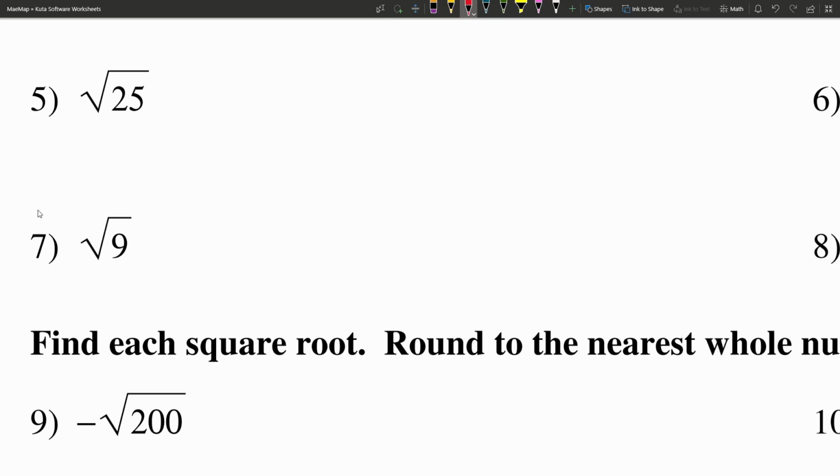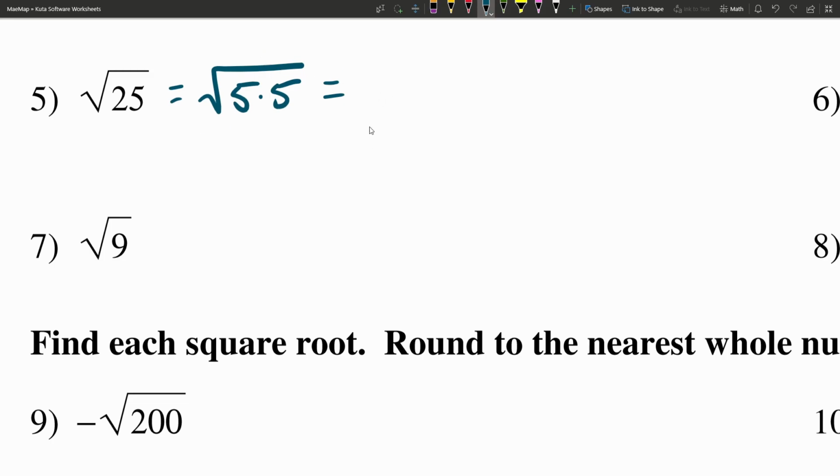Moving right along to number 5, what number times itself equals 25? That's going to be 5. So we can rewrite this 25 as the square root of 5 times 5. Because 5 times 5 is 25, I have the same exact thing, the square root of 25.